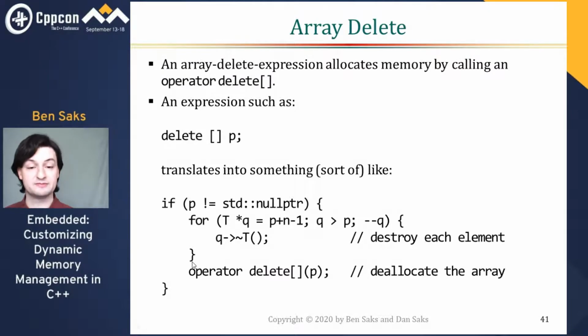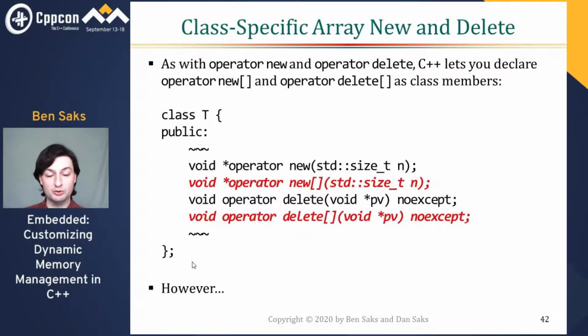So you can also make operator new[] and operator delete[] class members, just like you can make operator new and operator delete class members. This is something you are allowed to do, in which case an array of type T would be allocated using this operator new[] rather than the global one.